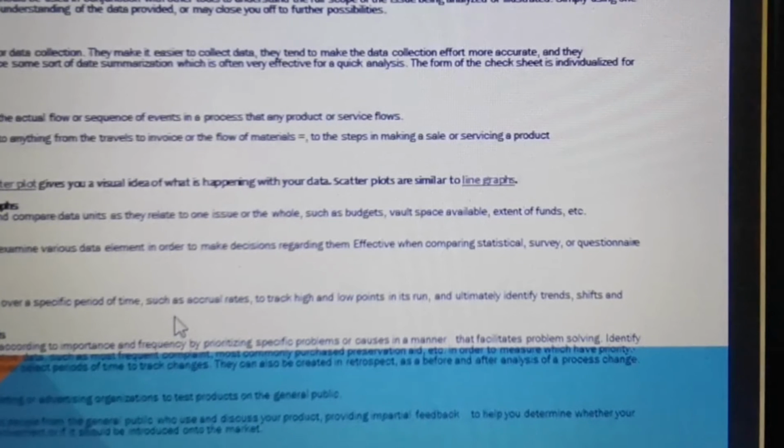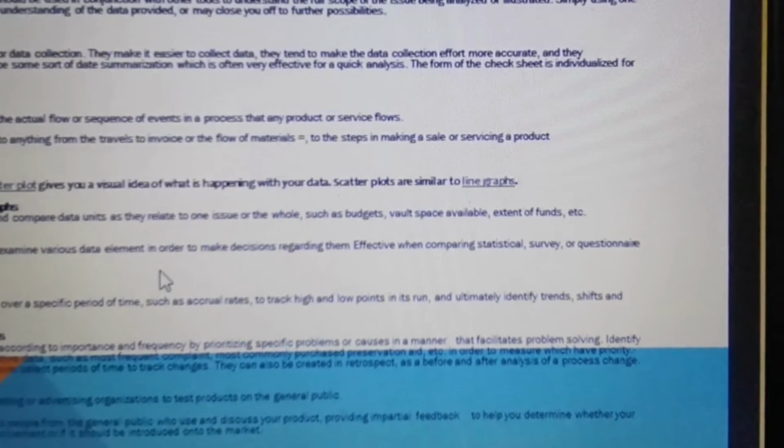Another one is the pie charts and bar graphs. These are used to identify and compare data units as they relate to one issue or the whole, such as budgets, space available, extent of funds, and others. For pie charts, you still need quantitative data to be able to use the tool.